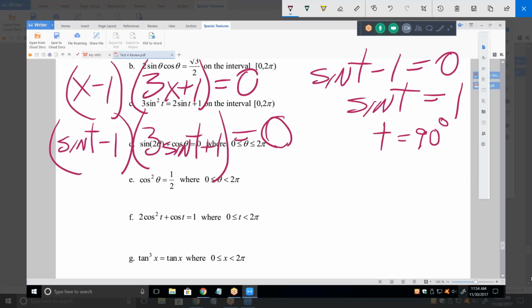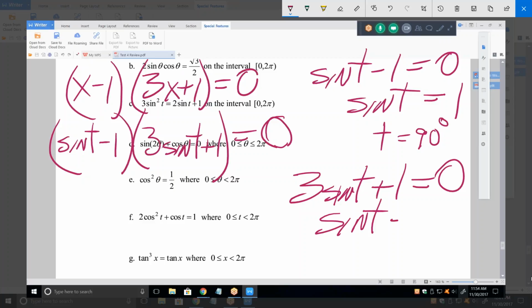Now, the other part is to let 3 sine t plus 1 equals 0, which means sine t equals minus 1/3. I don't know that angle, so you're going to have to look that up on your calculator. And this time you need both the third and the fourth quadrant answers. Go ahead and look that up on your calculator real quick.